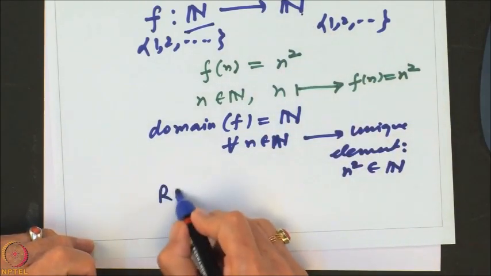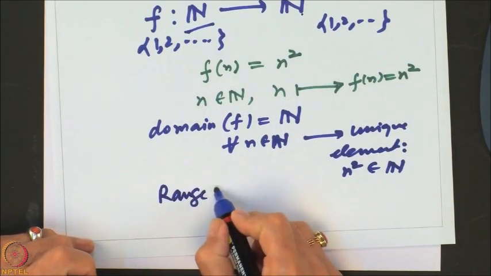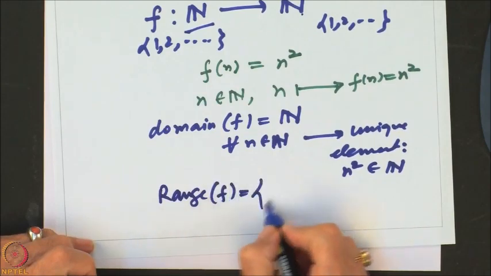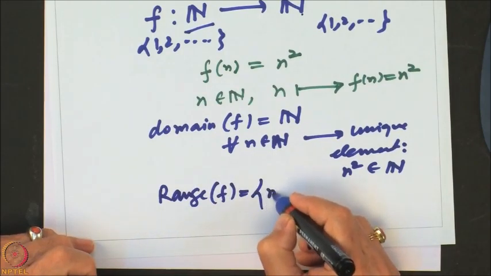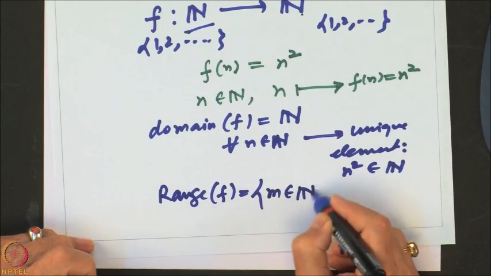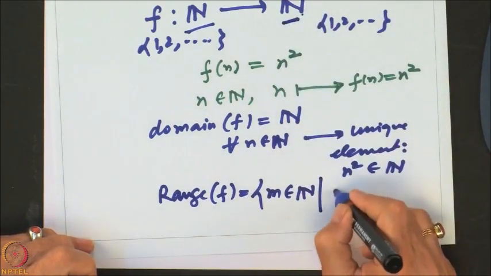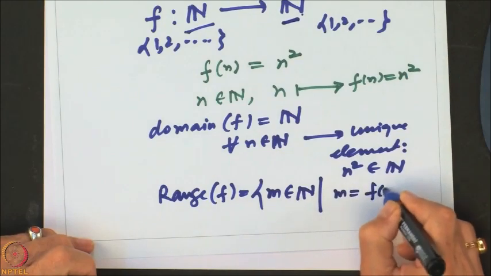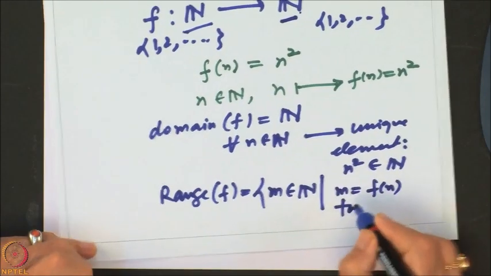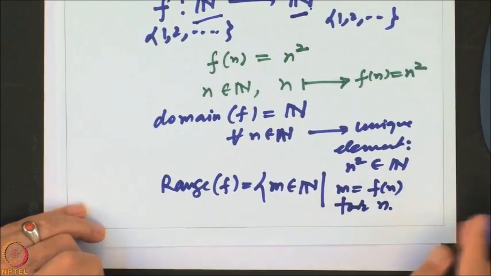So, what is the range? Range of f is equal to all numbers m in the codomain, that is N, such that m is equal to f of n for some n.